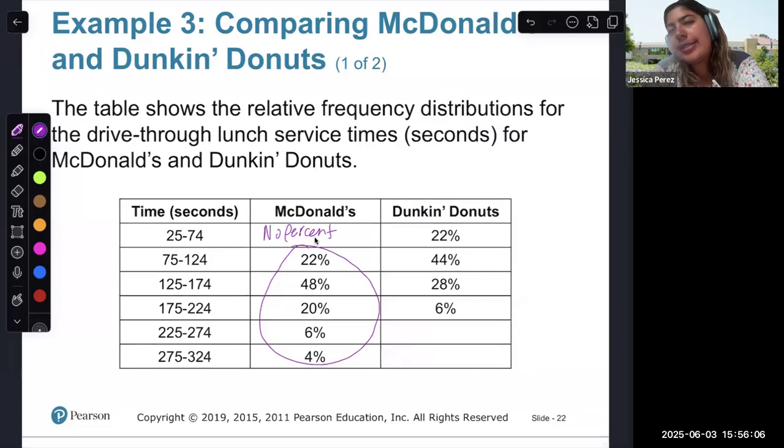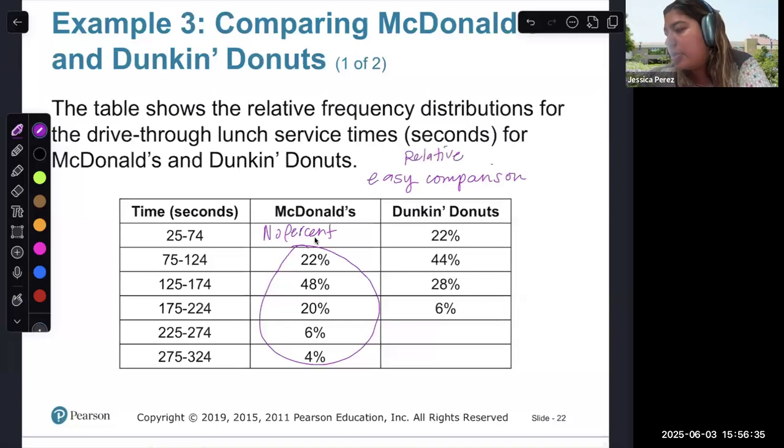Whereas in Dunkin' Donuts, you can see that there's more efficiency. And also, of course, they're more limited in supply of foods, and you're not ordering a big lunch at Dunkin' Donuts like you are at McDonald's. So you can make an easy comparison when you have two relative frequency distributions.